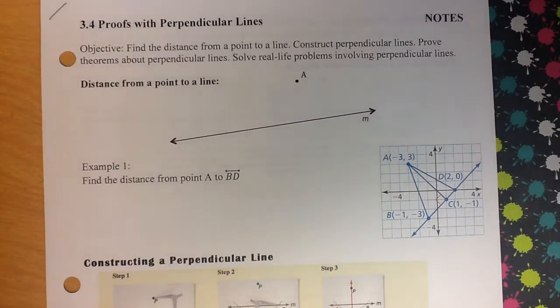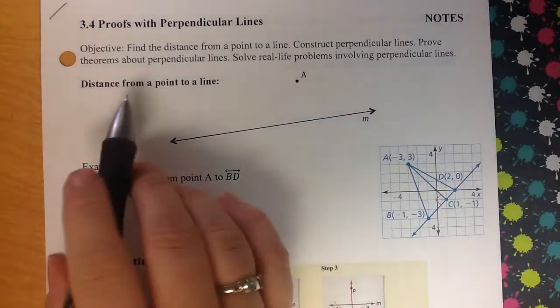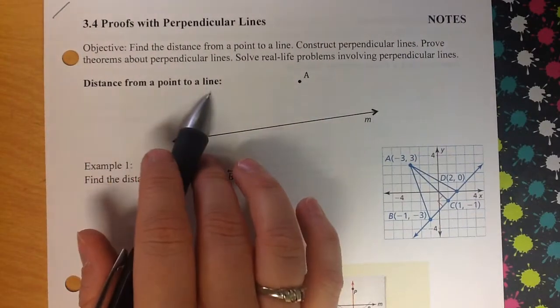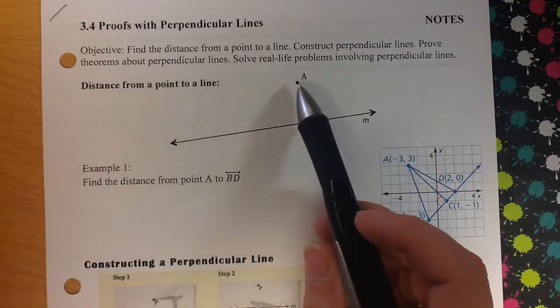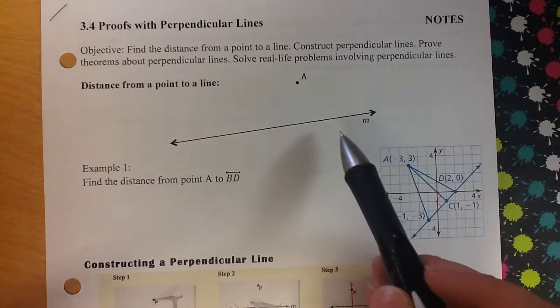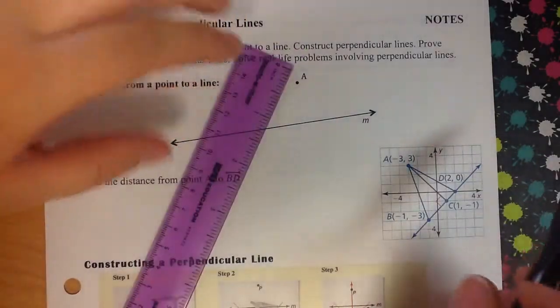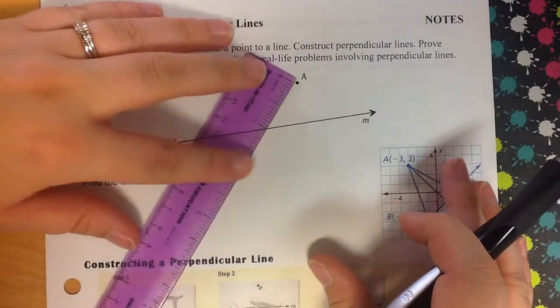So before we discuss perpendicular lines, we first need to discuss this idea about a distance from a point to a line. If I'm looking at this line M and this point A, and I want to know the distance from point A to line M, okay? So I could measure it. How far away are they?